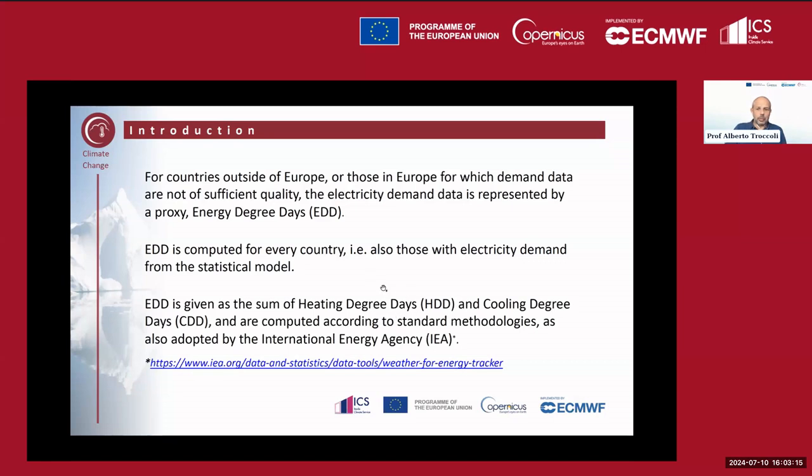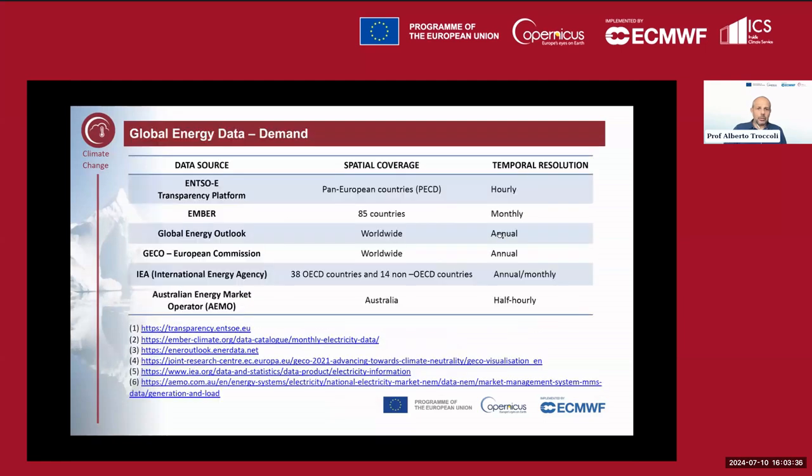This approach has also been adopted in the last couple of years by the International Energy Agency, and they provide this data at the link provided here. The main approach presented is 18 degree days, but we also take into account all the data sources that are available.